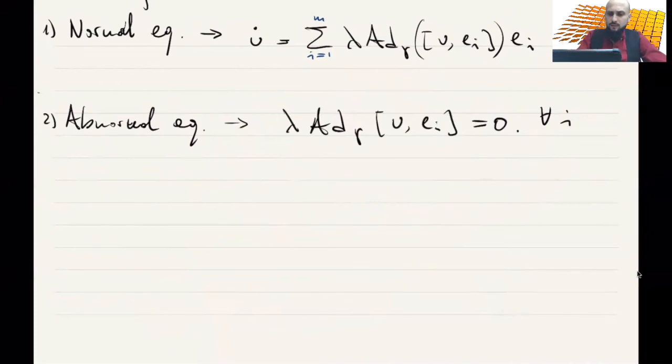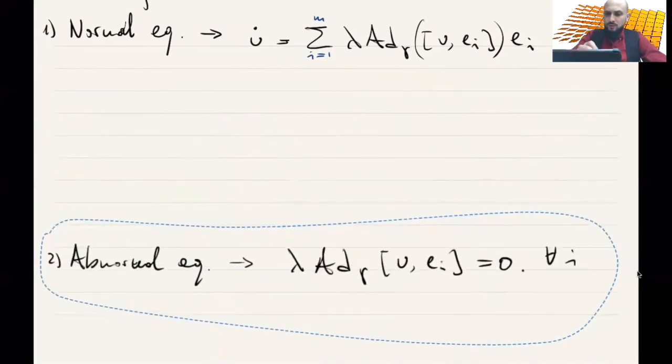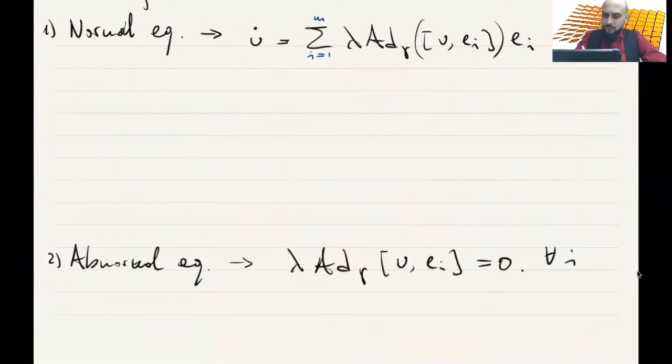So now in the normal equation, what do we deduce? Let's see. So we can write it for rank 2 as u dot equal lambda ad gamma. So both of them are going to have e12, and then we are going to have minus u2 e1, and then plus u1 e2.